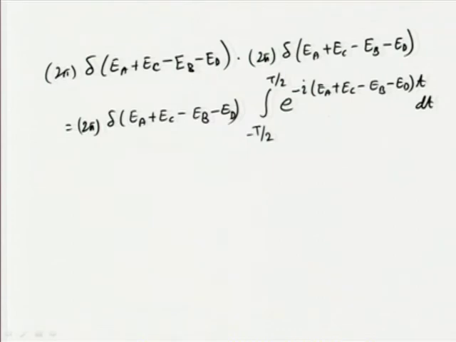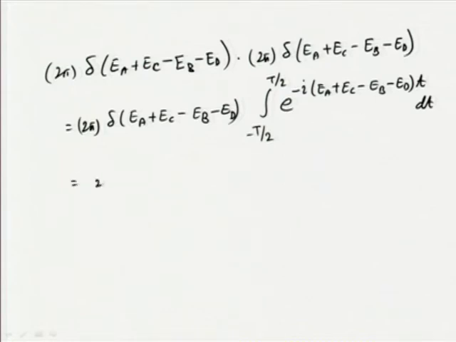So now look at this: the integral inside has an exponential, E_a plus E_c minus E_b minus E_d, times t. Owing to the other delta function, this can be set equal to 0.